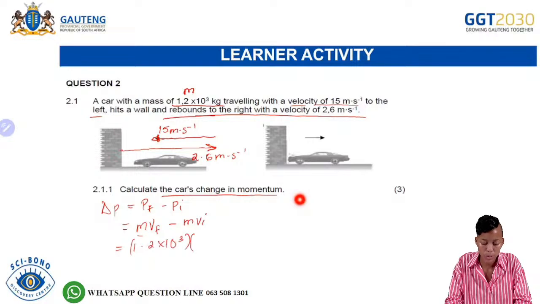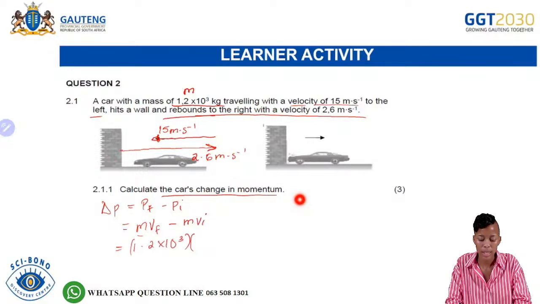In terms of the velocity, what do we have? Okay, for us to write the velocity, we need to determine the direction. So remember we said that we are going to take the initial direction of motion as positive. So if this car was moving to the left initially, we are going to take the direction of left as positive. But if initially the car was moving towards the right, we're going to take that direction as positive.